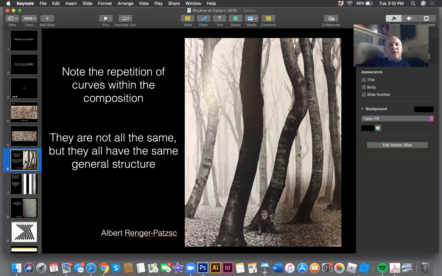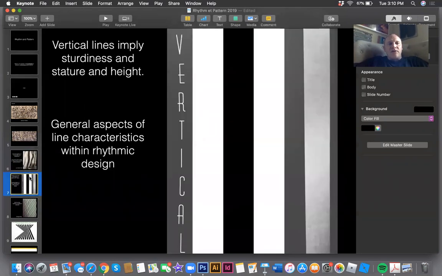So here's the repetition of curves. They are not all the same, but they all have the same general structure. So we can take a little bit of an aside here and talk about some general characteristics of lines within rhythmic design. And usually when we see vertical lines, it implies sturdiness and stature and height.